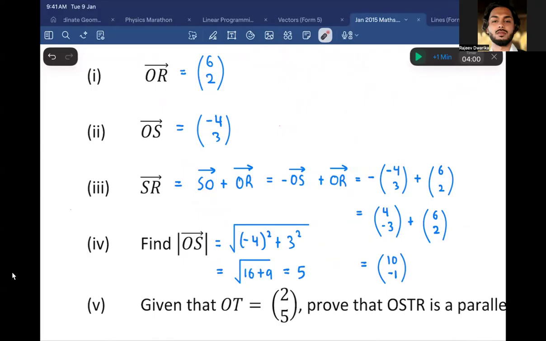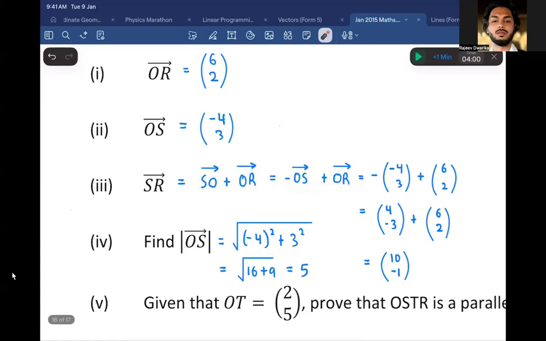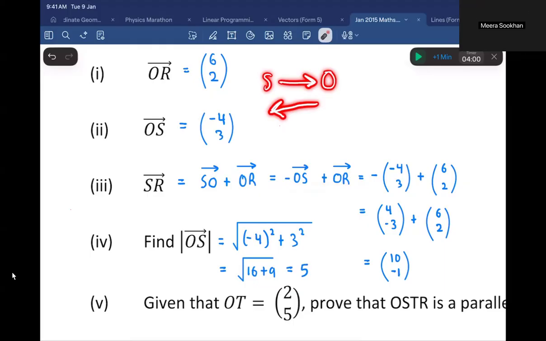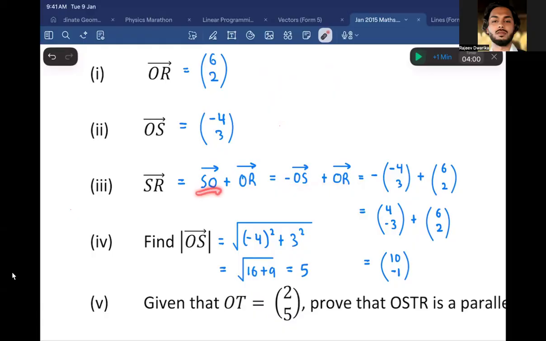But how could I find S to O? You have to look at it from the opposite side. Yeah, if you're looking at it graphically, S to O will be in this direction. O to S would be in the opposite direction, and it would be negative. So negative OS. So SO is just negative OS plus OR.